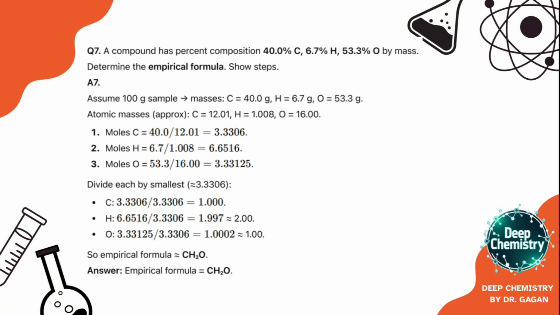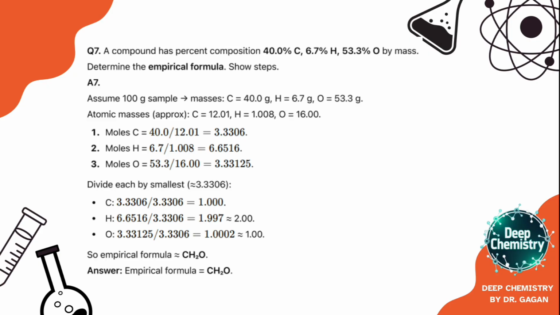Question number 7. A compound has 40.0% carbon, 6.7% hydrogen and 53.3% oxygen by mass. Determine its empirical formula. Let's assume 100 grams of compound, that means 40 grams of carbon, 6.7 grams hydrogen and 53.3 grams oxygen. Now convert them into moles.